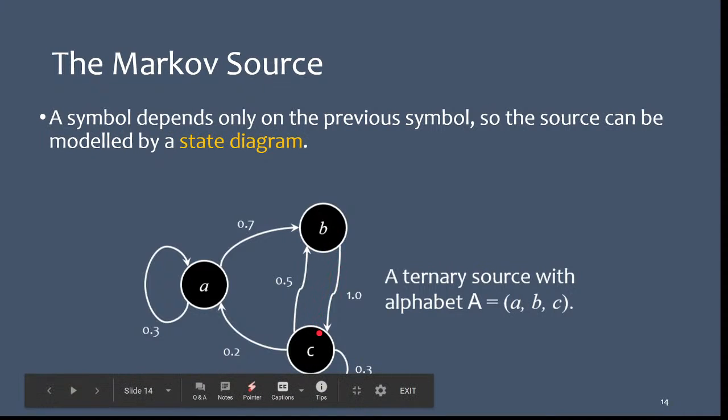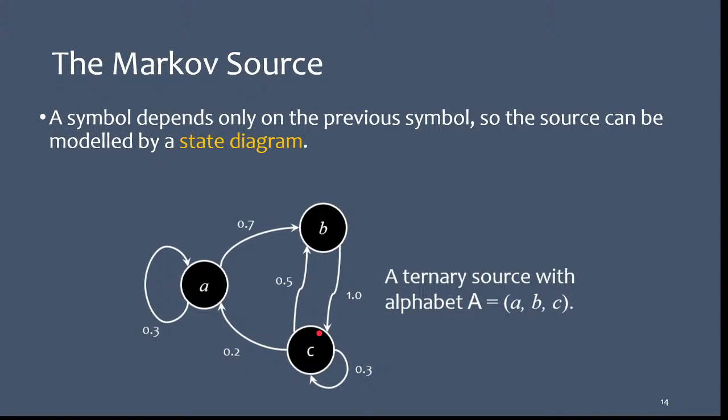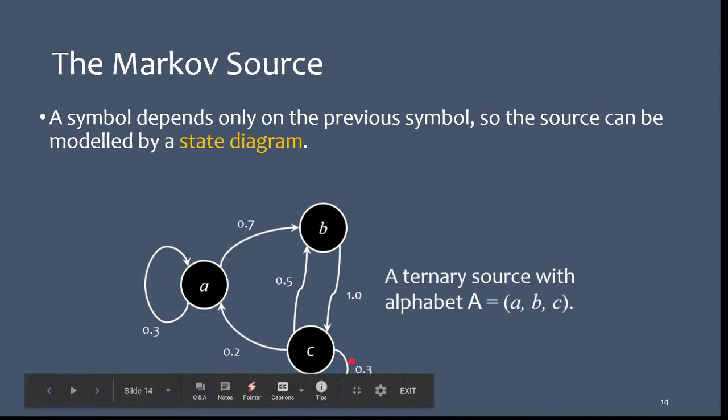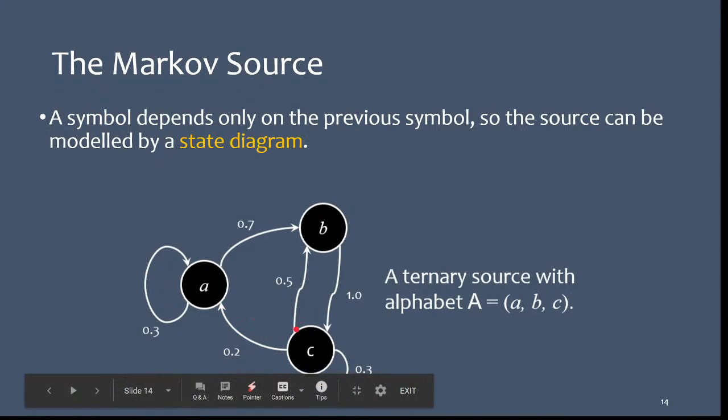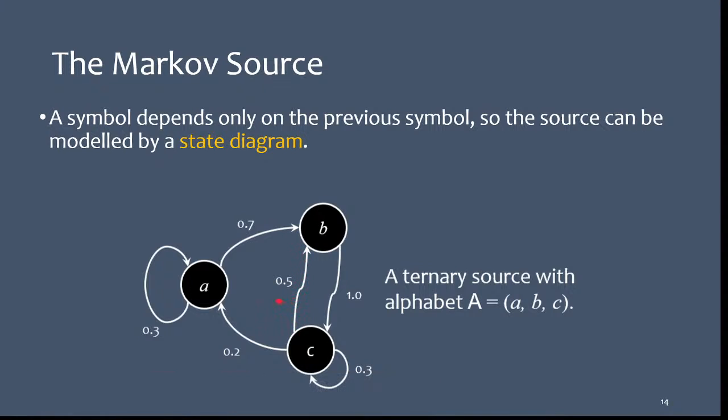In case it emits C first, then there is a 30% chance, 0.3 probability, that it will emit C again, or there is a 20% chance, 0.2 probability, that it will emit A, or it may emit B with a probability of 0.5.